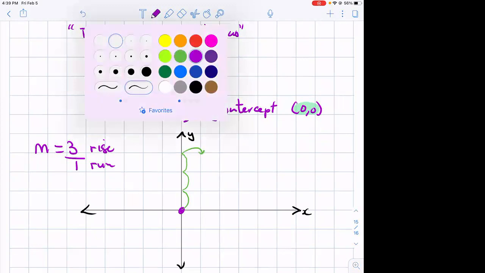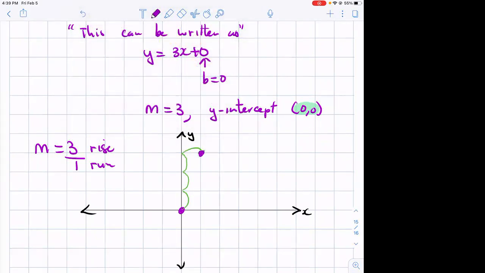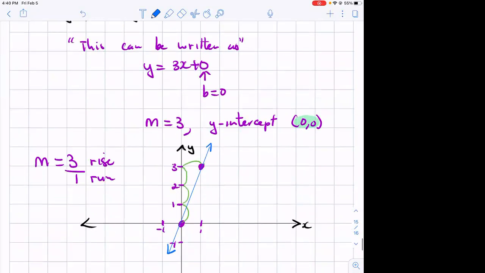And that's where I stop, and I put my second dot. Okay, I can now connect my 2 dots. And that's the equation y equals 3x. So it all depends on the way these equations are written, you're able to graph them, okay?